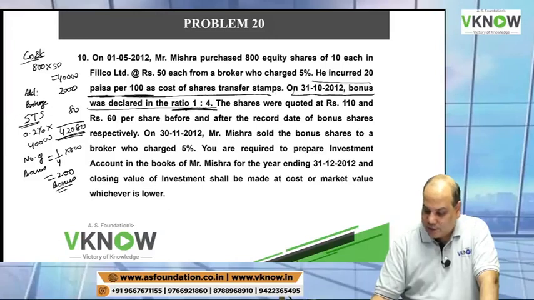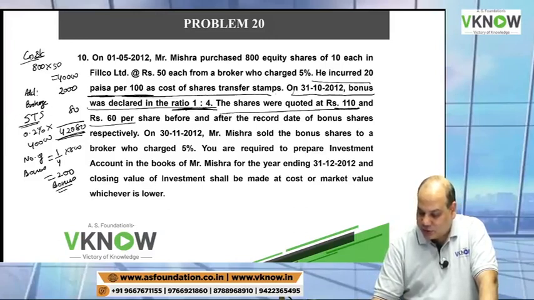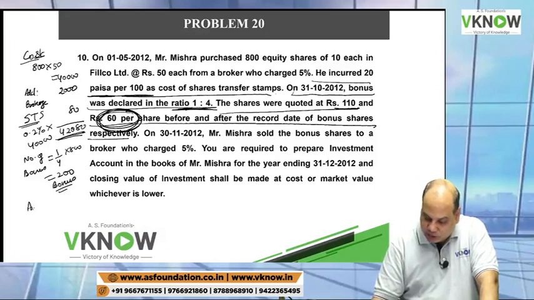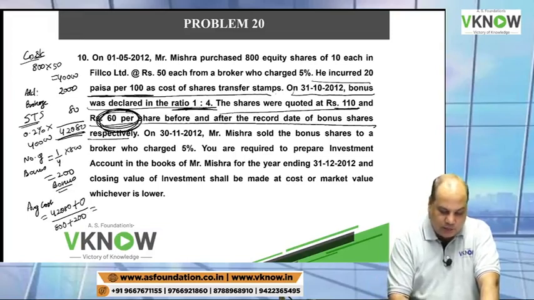Then they were quoted at 110 and 60 before and after the record date of bonus respectively. So for us 60 is important now. So my third working note, average cost will be 42080 plus bonus share cost 0 divide by quantity 800 plus 200 bonus.